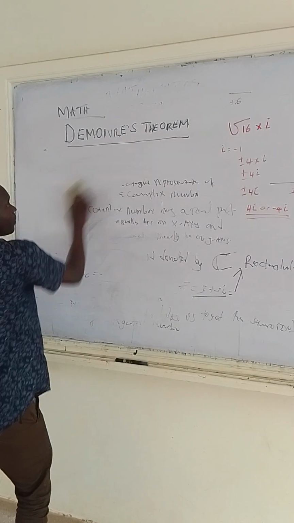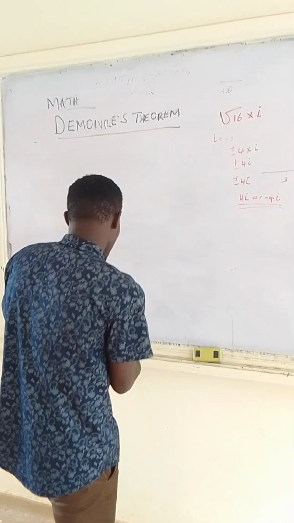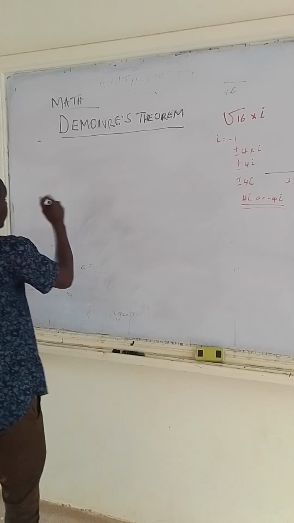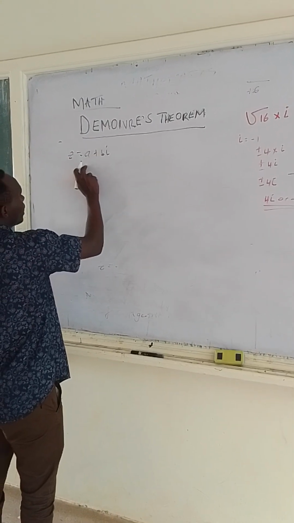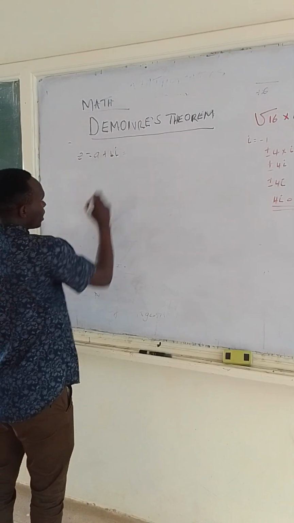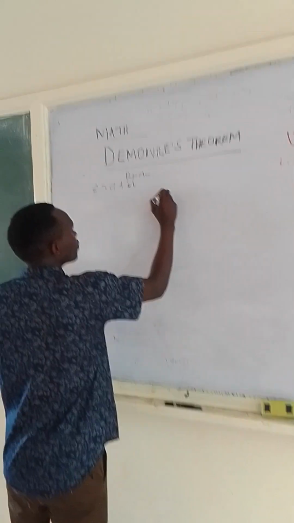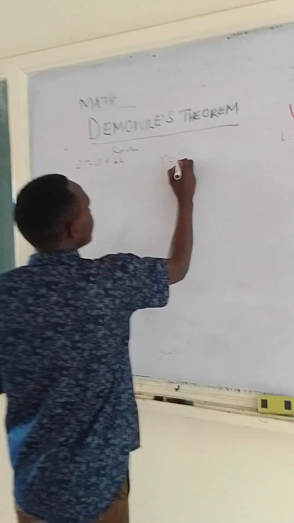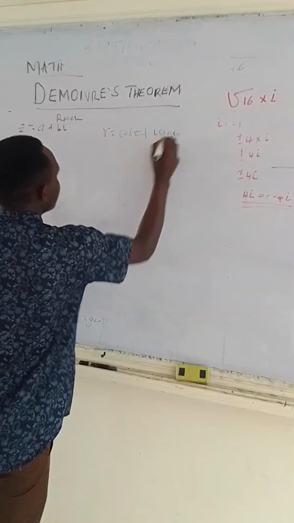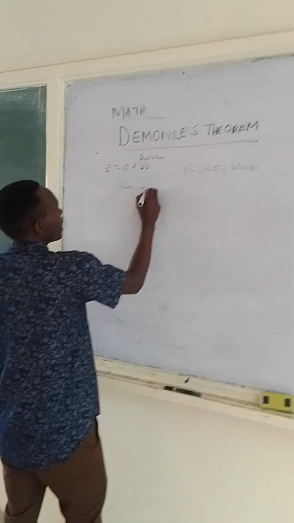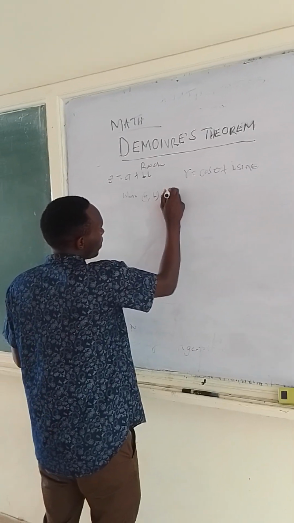I'm going to show you a simple step to tackle De Moivre's theorem. In De Moivre's theorem we say that if I have a plus bi, this is z, this is the rectangular representation, and it can be written as r cos theta plus i sin theta, where a and b are members of the real numbers.